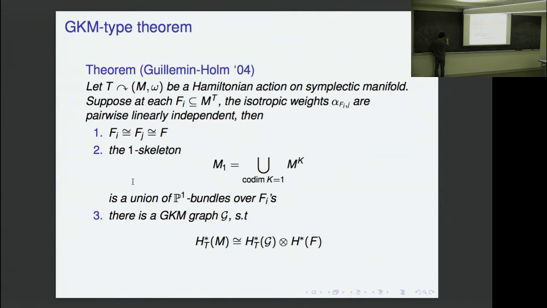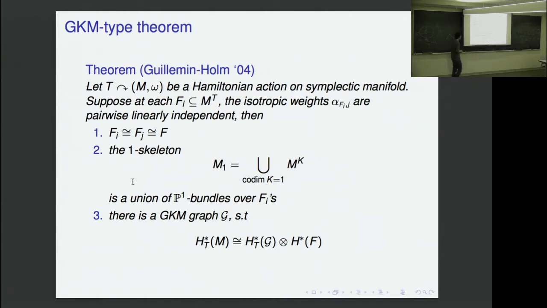So this edge is going to be a P1 bundle or a sphere bundle, and then you connect to any other nearby ones. Then this is going to form a GKM graph. And their theorem in the symplectic case is that if you calculate the equivariant cohomology, then this can be given as a tensor product of combinatorial data with the cohomology of the connected components of the fixed point set.